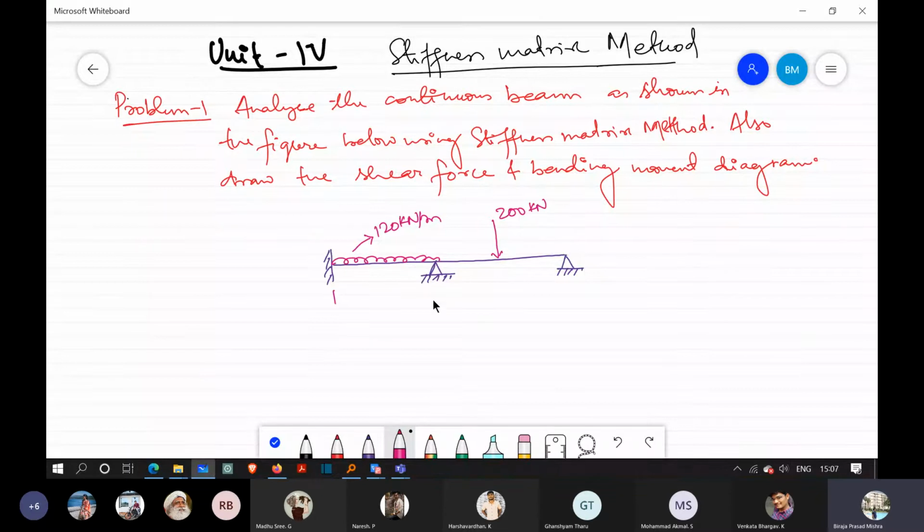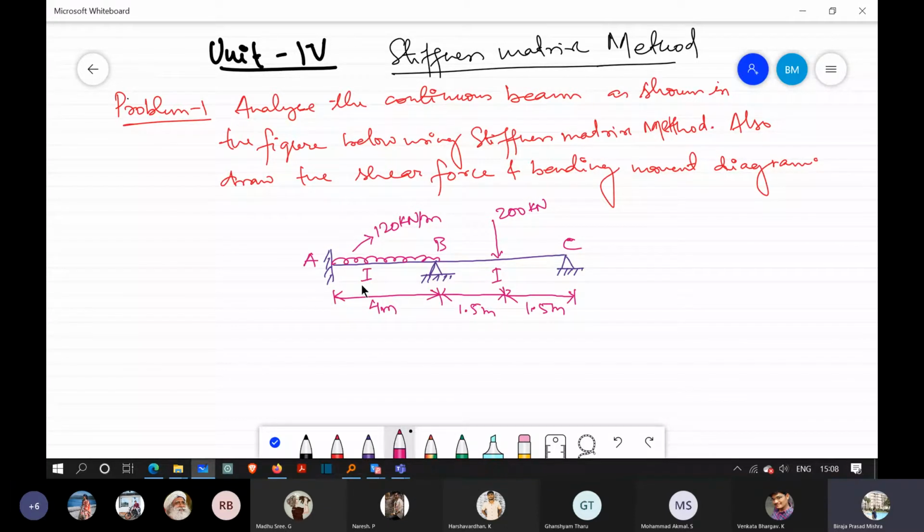The length of this span is 4 meters, the length from this end till this load is 1.5 meters, and this one is also 1.5 meters. This is A, this is B, this is C. The I value is I here, and this one is also I. This is the problem.